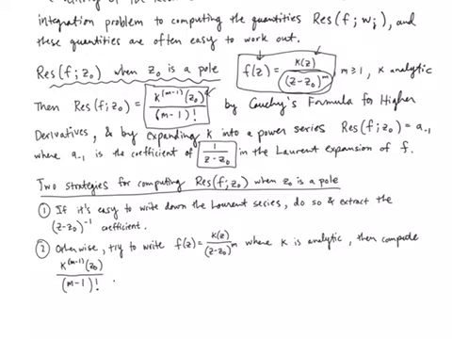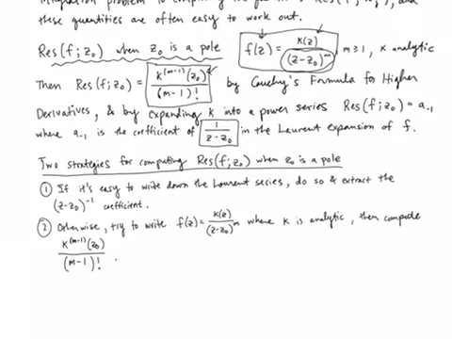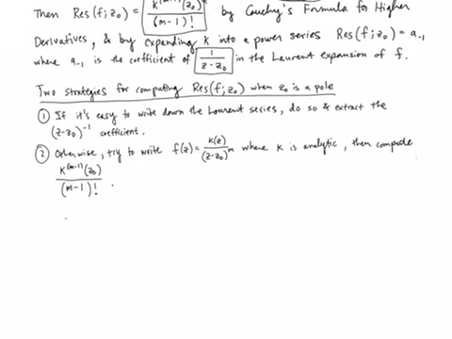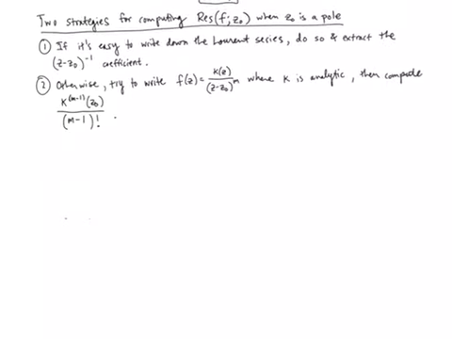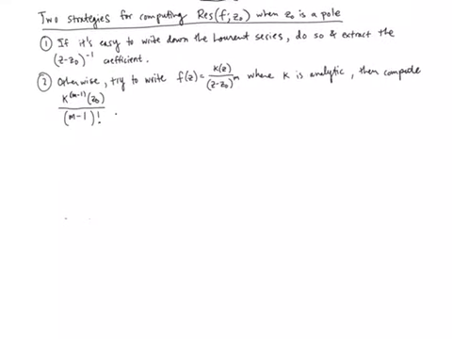And if you can do that, then you compute the m minus first derivative of that k, evaluate at z naught, and divide by (m minus 1) factorial. That's also the residue. Okay, so we're going to put those two things to work and do some examples here.